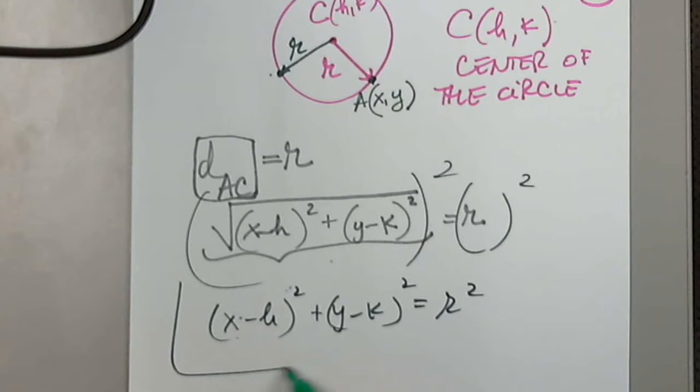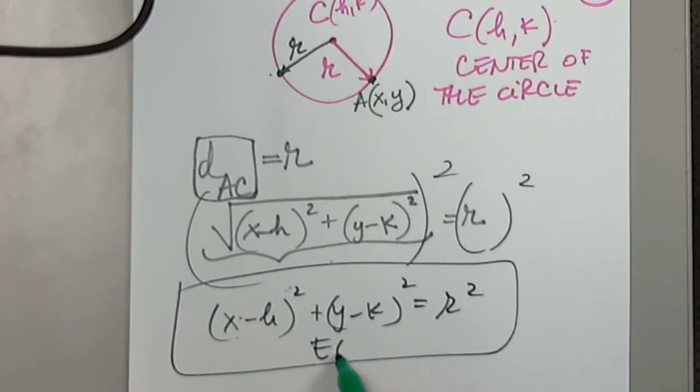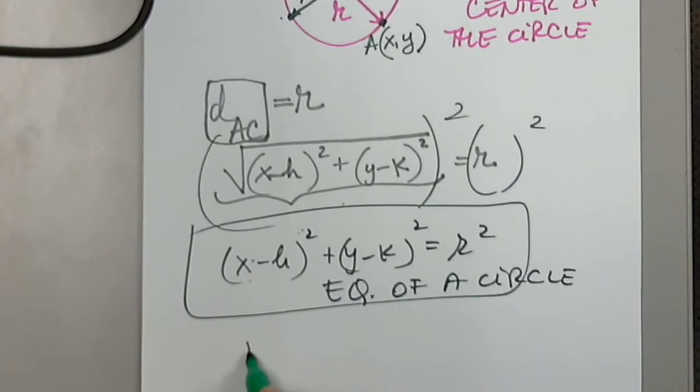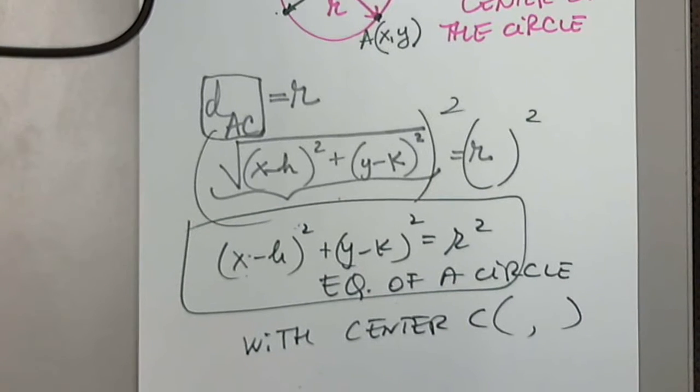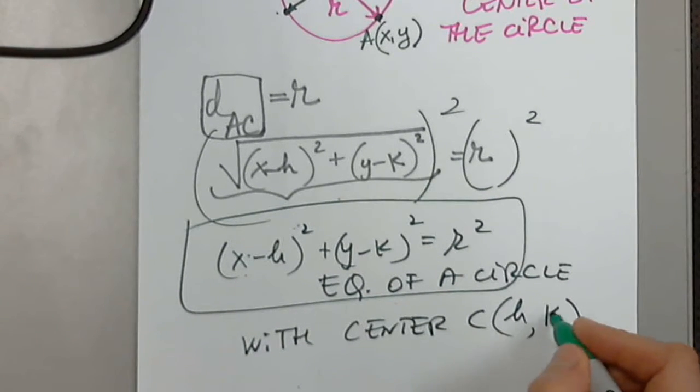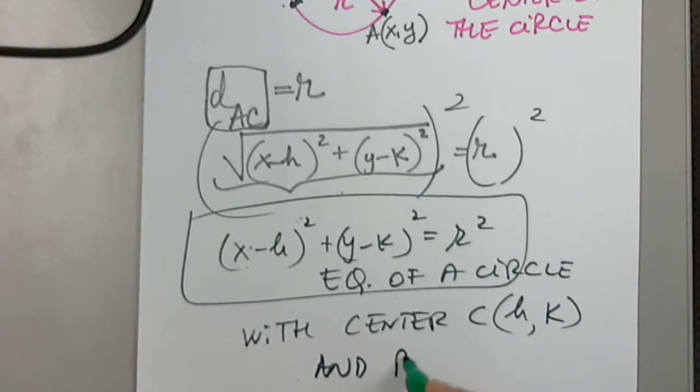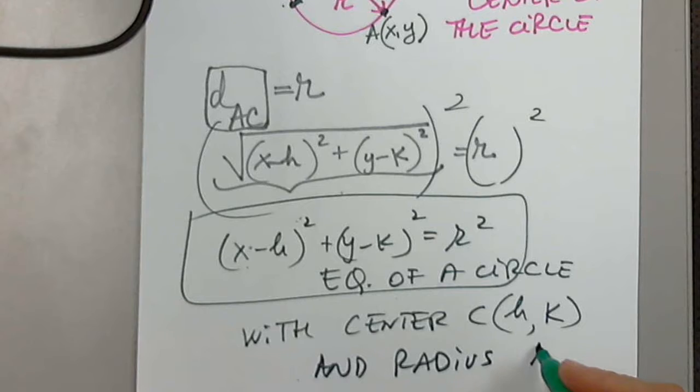That's it. This is the equation of a circle with center, what? Awesome. And radius, r. Awesome.